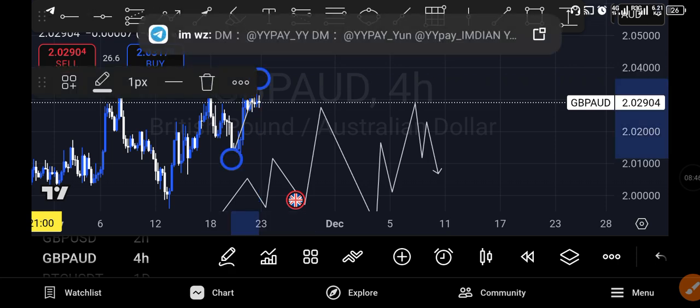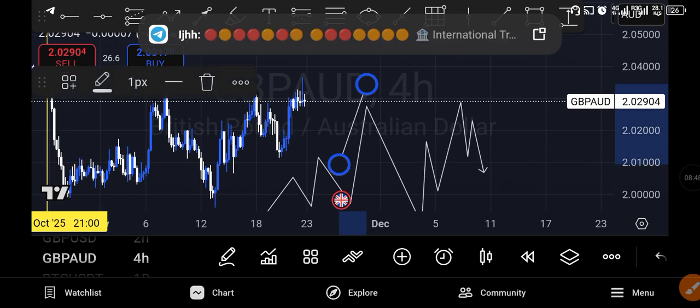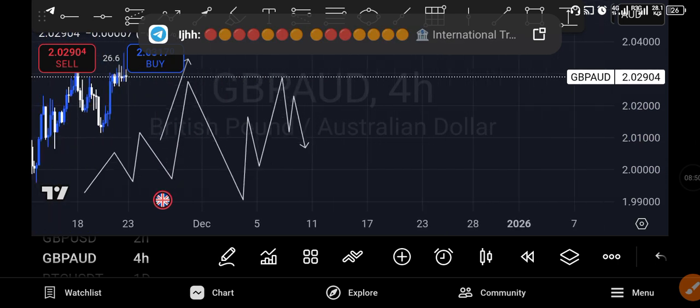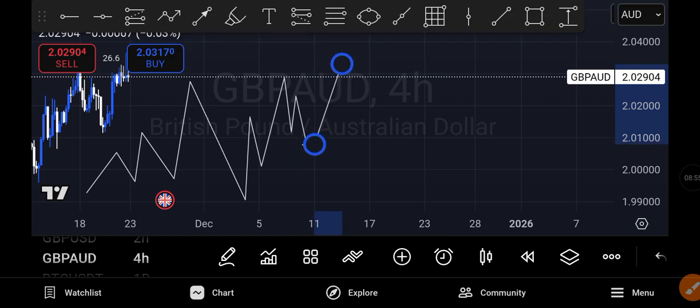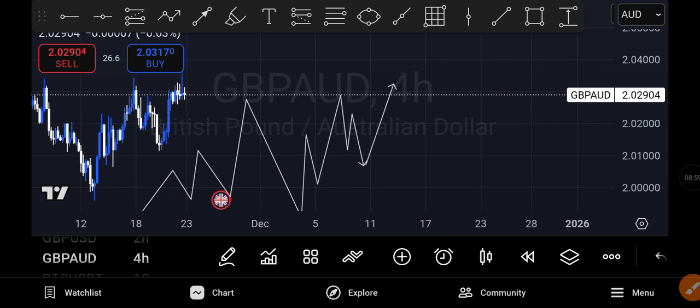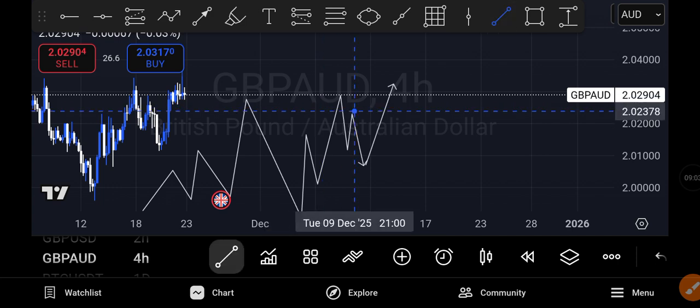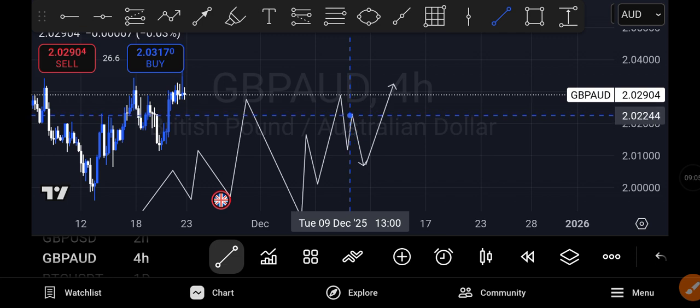Okay, so what do you see here? Look at this trend. I just want to match it all so that you should understand. All right, for me, I see an uptrend on the 4 hours. I don't know what you think, but that's what I see, because we had a clean change of character here.